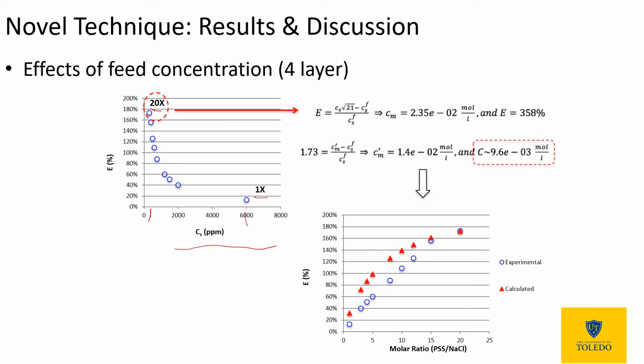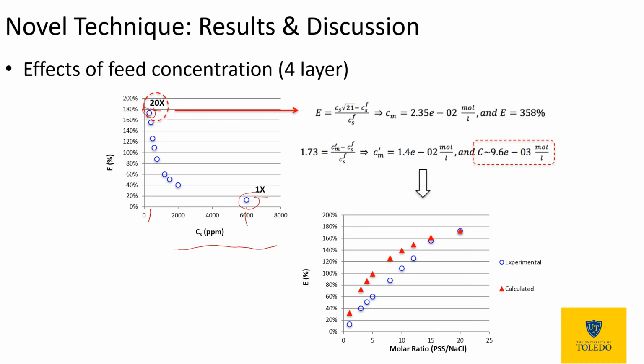As we change the dissolved salt concentration over this range, and thereby change that ratio, we see a change in the enrichment from nearly 200%, where we have a 20 to 1 ratio, down to something on the order of 15%, where we have 1 to 1.